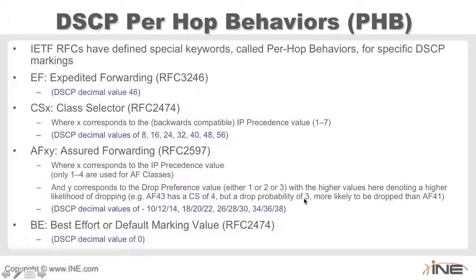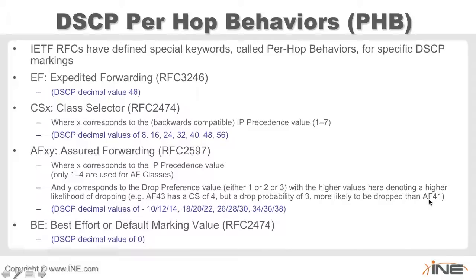So AF43, although it sounds like it's better, is actually, per the RFC, and we're just using bits to define things, a less desirable per hop behavior than AF41. Okay, AF4, 4 is the class selector. It's still class selector 4, but it has 3 turned on rather than 1.